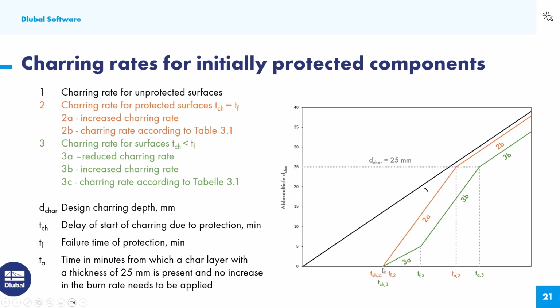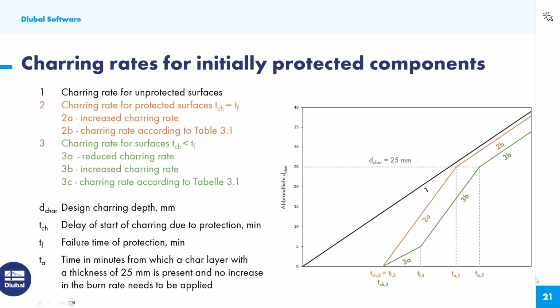Here you see the time of the delay of charring: the start of charring equals the failure time of protection. That means the protection will fall down from the floor, for example, at the same time the fire starts on the timber.